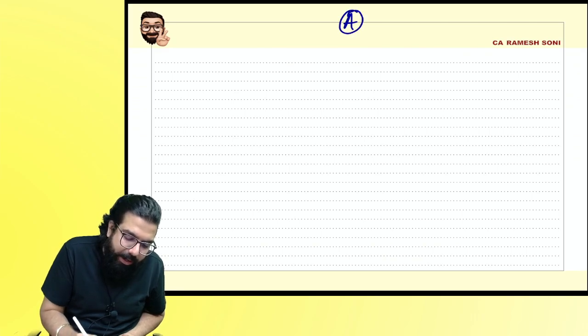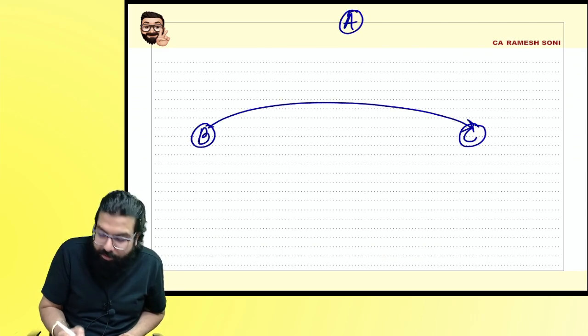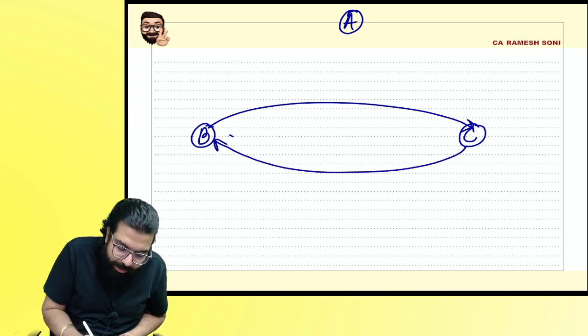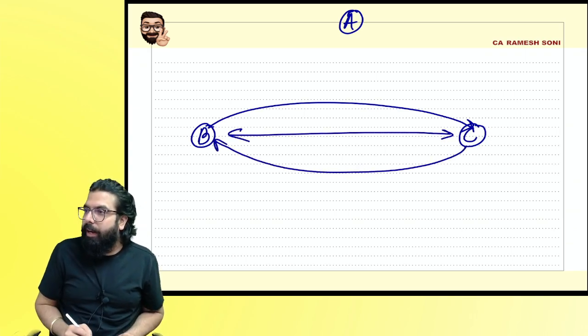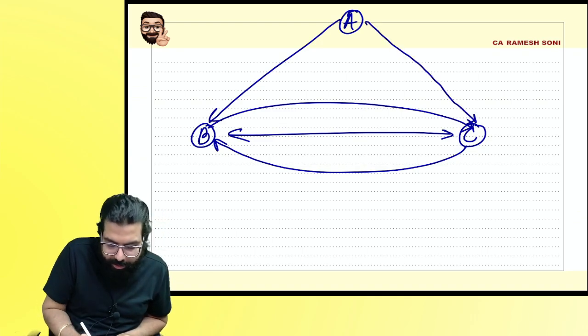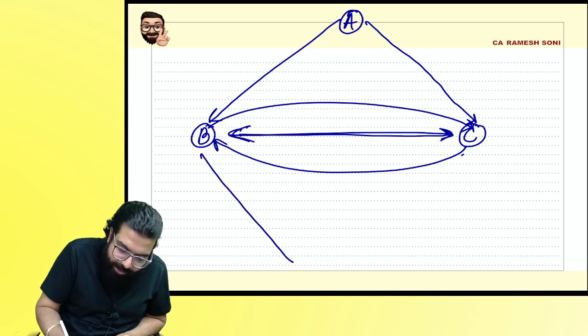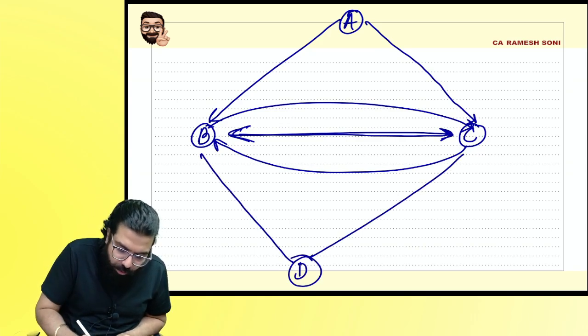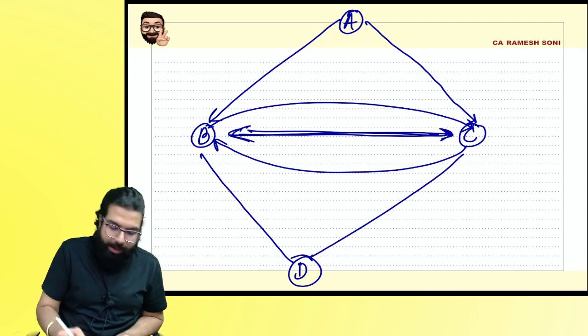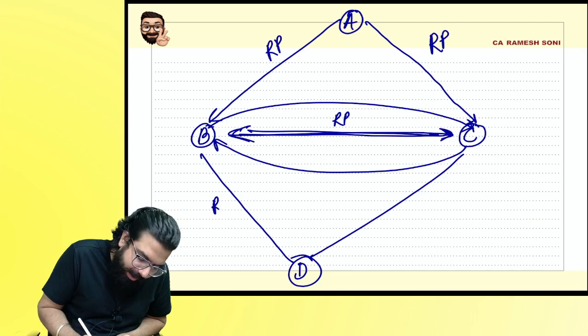Suppose B Limited is controlling C, or C is controlling B, then B and C will become related. Or A is controlling B, or A is controlling C, then A, B and C will become related. If B and C are controlling D, then also B and C will become related. So this will also be related, and they will also become related persons.